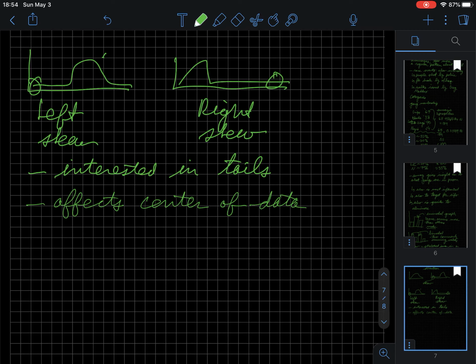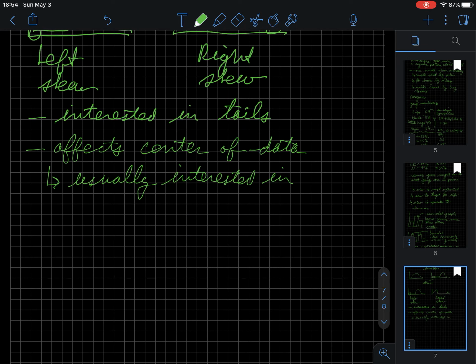And when we think about what the center is, since this is what we're usually interested in, it's helpful to know that the skew can influence our results.